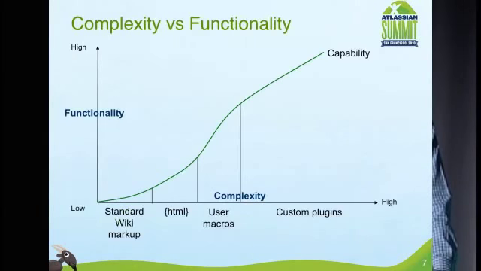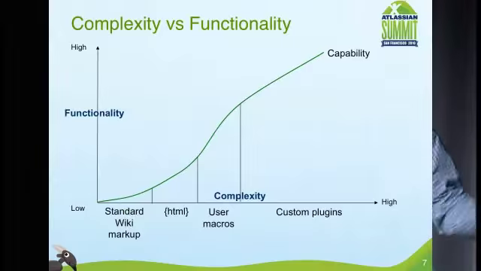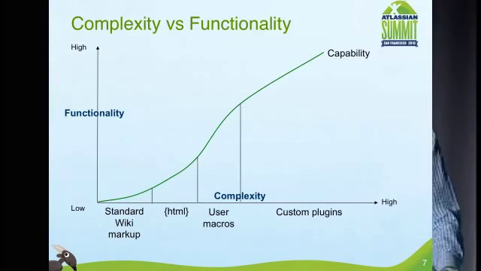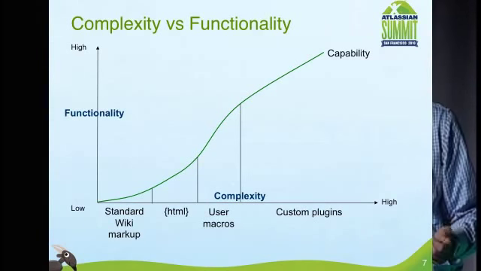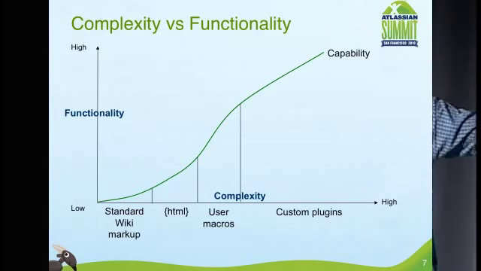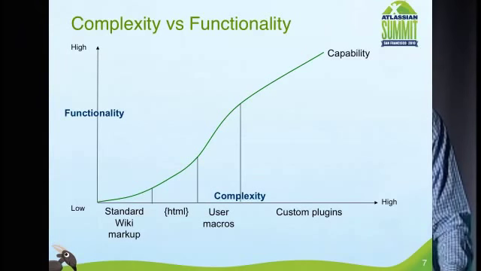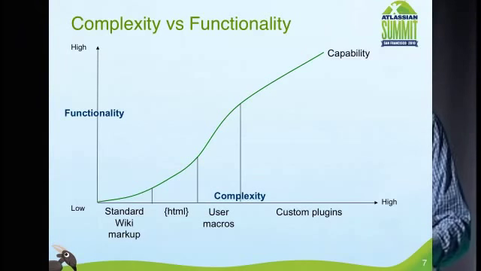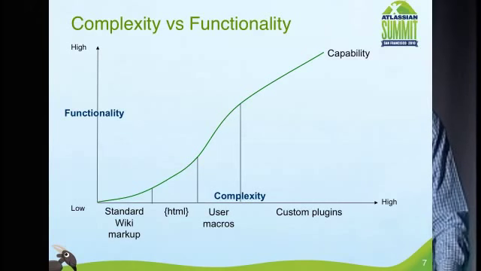Okay. This slide is the key takeaway slide if any of you are sitting there as project managers in the audience. The first curve we have on here talks you through the different feature sets in Confluence. At the lower end of the scale, we've got standard wiki markup. So it's easy to use and offers a degree of functionality.